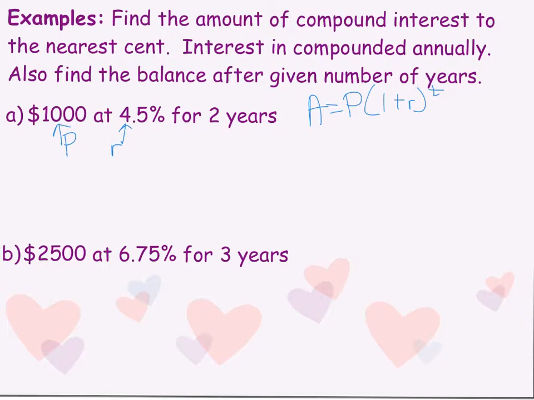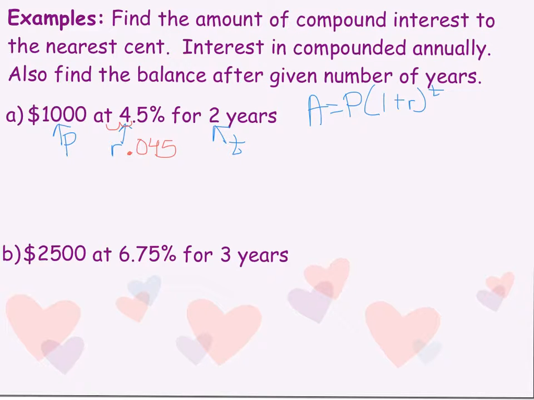But remember, that has to be changed to a decimal. So I'm going to move it 2 places to the left. So my rate is really 0.045. And my T is years, and my time is given to me in years as well. So it's 2 years.